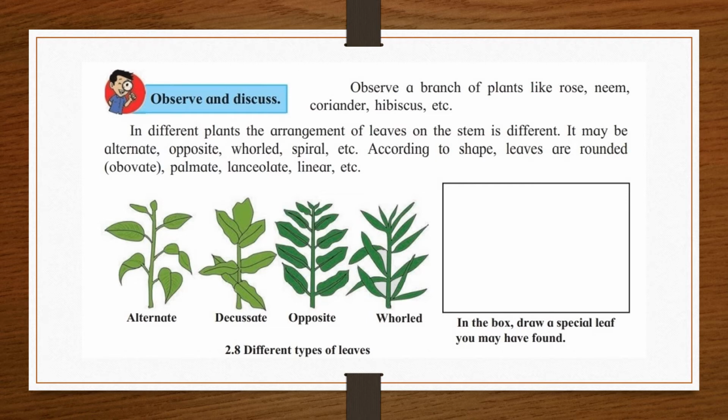And such an arrangement is called phyllotaxy. So on the basis of the attachment of the leaf to the nodes, we can see different phyllotaxy. Till now you just learned the different types of leaves.